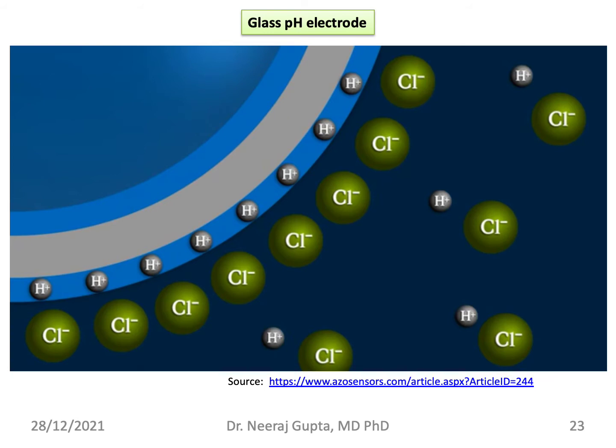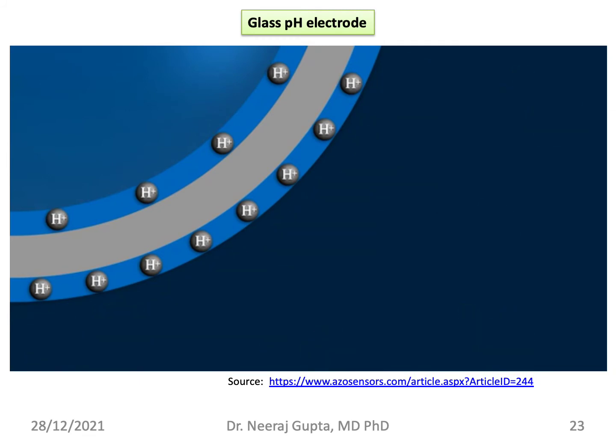The considerably larger chloride ions remain in the solution. The result is a charge separation. The same process occurs on the inside of the sensor with the neutral solution buffered at pH 7 that has a constant concentration of hydrogen ions.